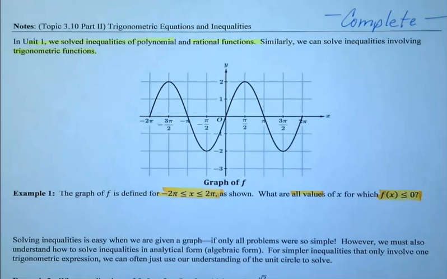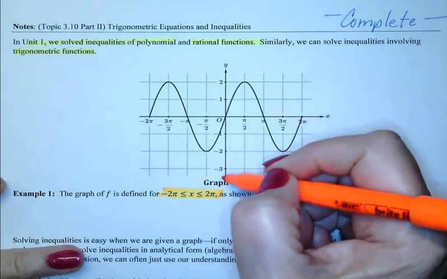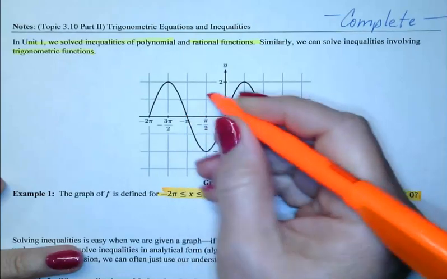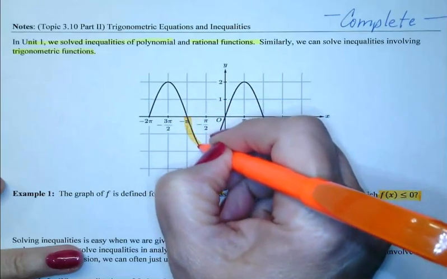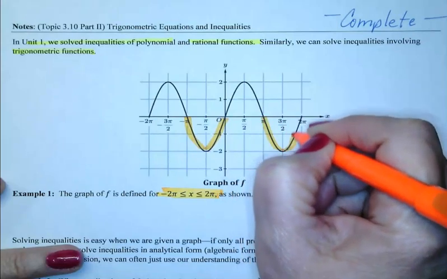That means the function values, or the y values, are less than or equal to 0. So if I'm looking at this graph, where would I find the y values that are less than or equal to 0? I would find them below, because the y values that are negative are down here. So I'm talking about the ones that are below from here to here, and the ones that are below from here to here.